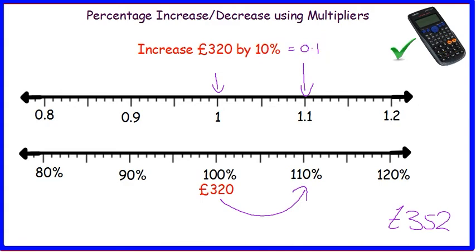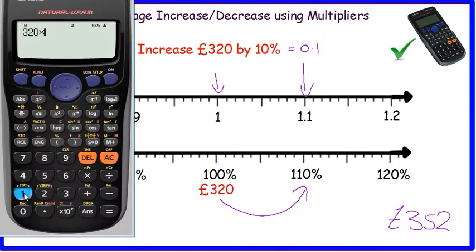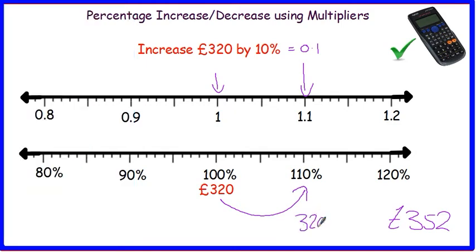So if I take 320 and multiply it by 1.1, I would get an answer of 352 straight away. That's adding on 10%.